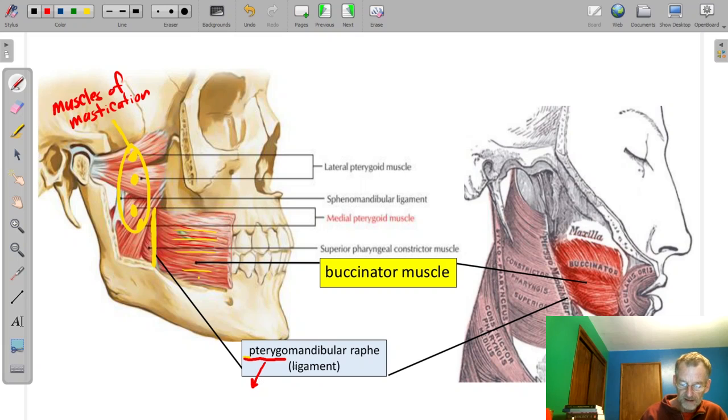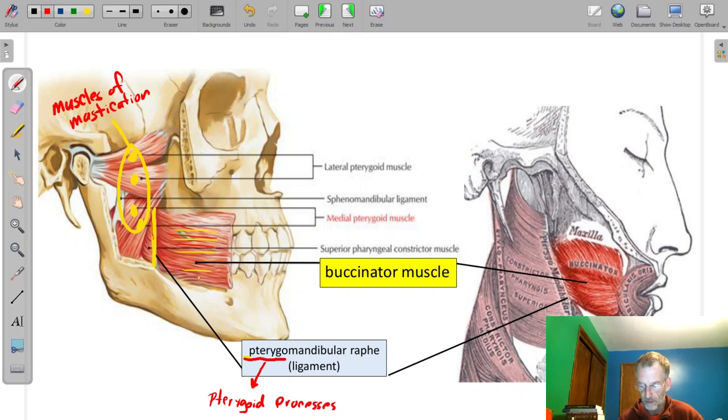Pterygoid processes are hanging down right about where that yellow line is. I'm just trying to make some connections. Pterygoid processes. So when you see the names, you can kind of start figuring out, oh, that's the pterygomandibular raphe. And raphe is just sort of a web, a connection, like a belt holding these two things together.